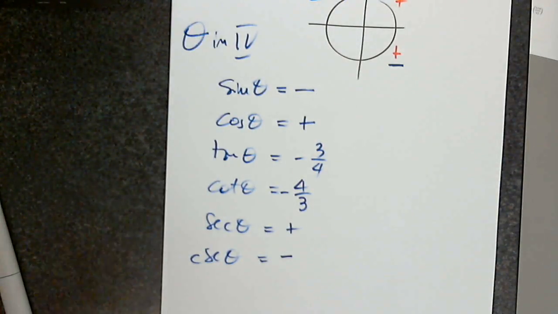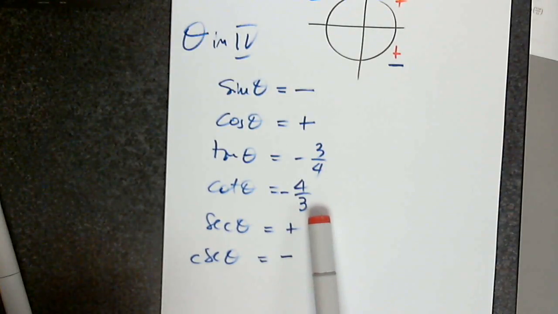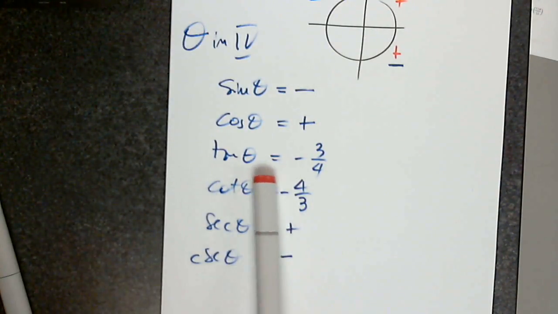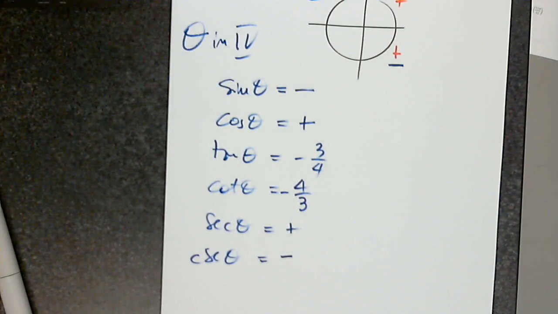Okay, good. So I have tangent and cotangent. So let's say I'm looking at tangent first. I have tangent. Is there any equation that involves tangent and one other trig function?